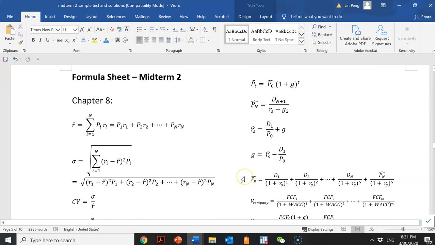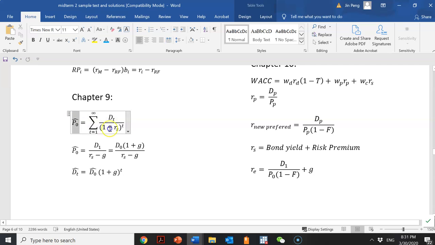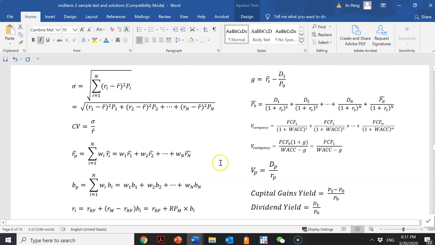Again, you can look at our formula sheet here. For chapter 9, we have the constant growth model, P0 equals all the dividends discounted. For the constant growth model, we have D1 over Rs minus g, or D0 multiplied by 1 plus g over Rs minus g. If dividends are growing at the rate of g, then Dt equals D0 multiplied by 1 plus g to the power of t.